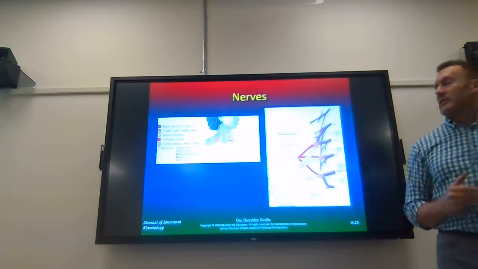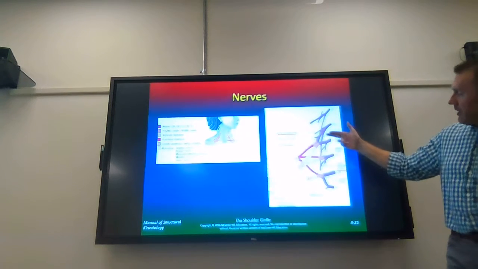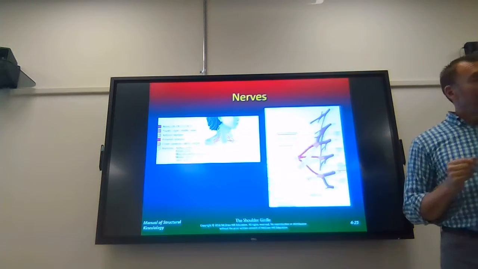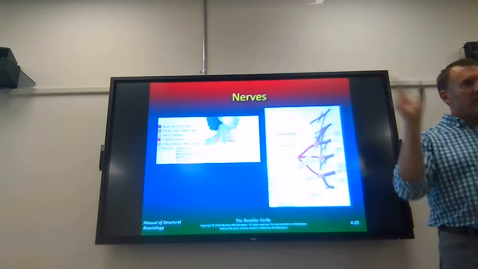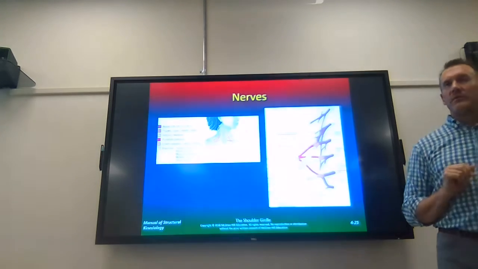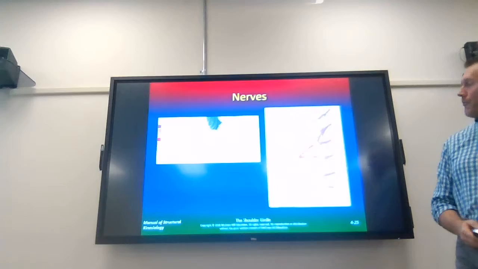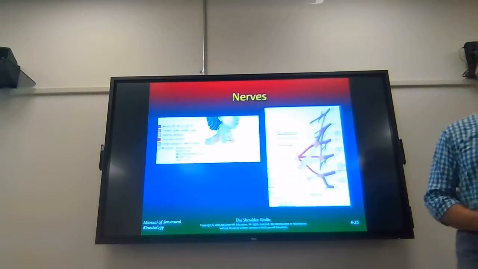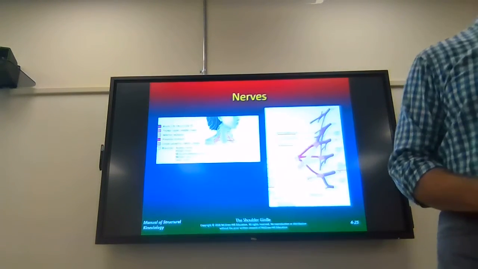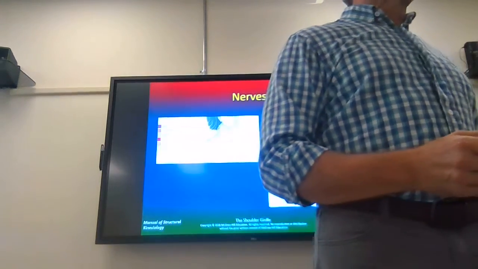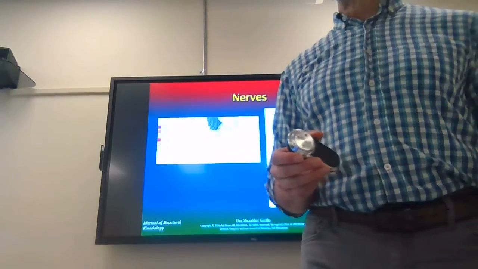That's a good name because it looks pretty long, coming down there to innervate and branch into the fibers of the serratus anterior. Okay, so the very last one, the medial pectoral nerve. The medial pectoral nerve innervates the pectoralis minor.